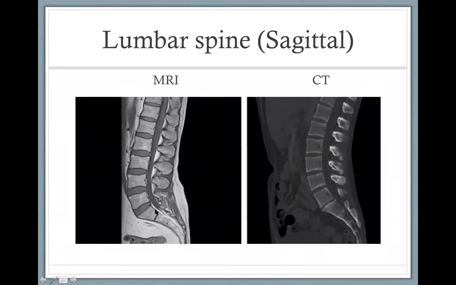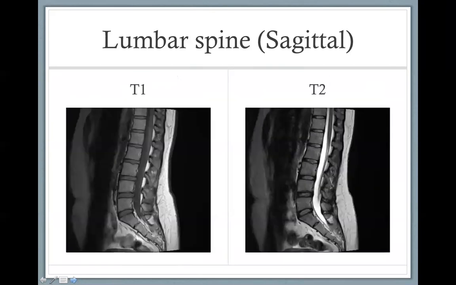So this is actually a T1. T1, water black; T2, water white, right? And this is a good way to contrast. Remember, this is a T1 weighted image. The spinal or dural space is filled with CSF, which is dark on T1 and bright on T2.